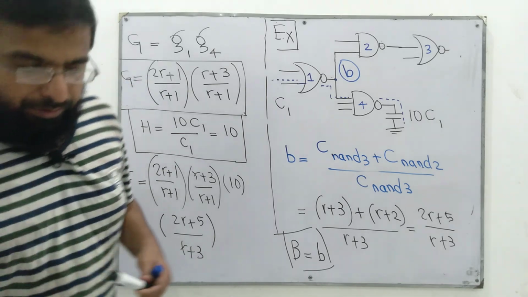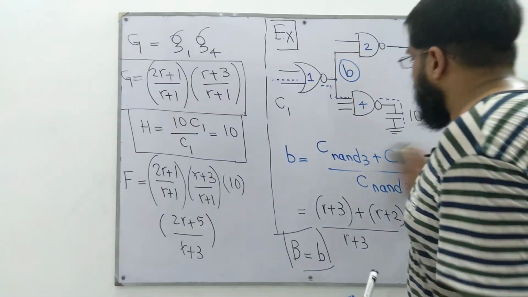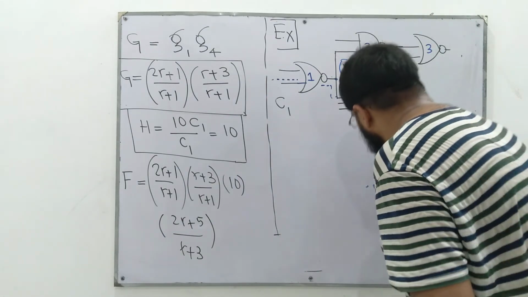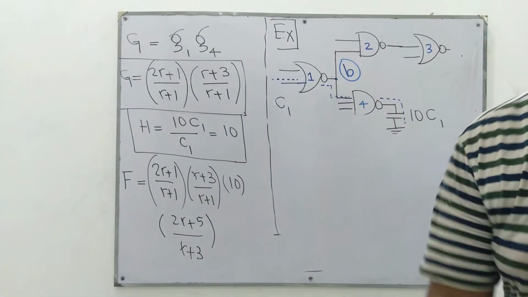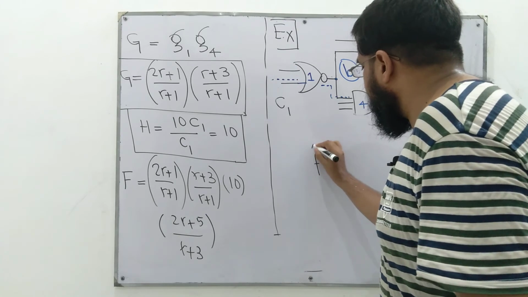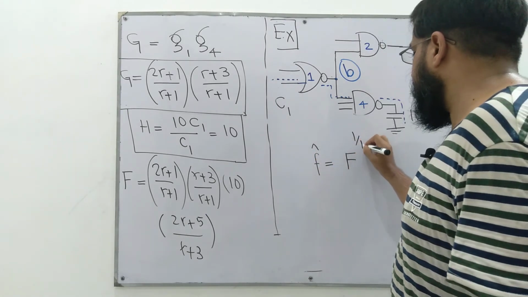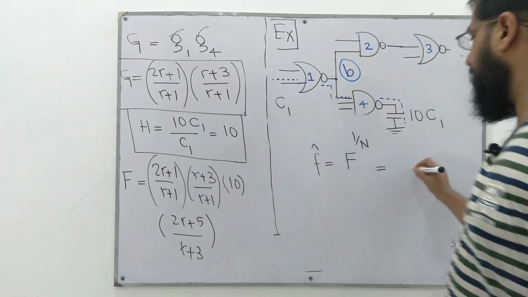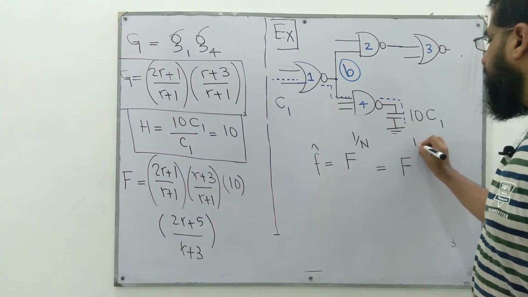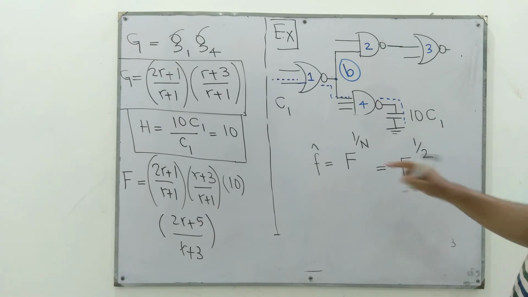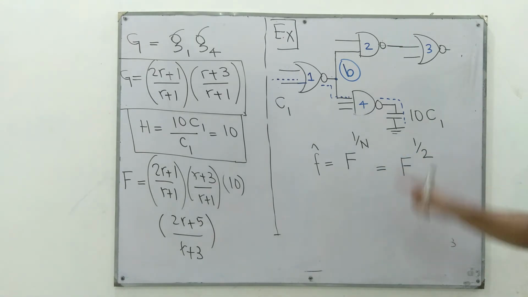And the last thing for this lecture is to compute the average path effort, computed indirectly using the path effort, to the power 1 over n. Now we have only 2 gates in the path, therefore this n would be 2.